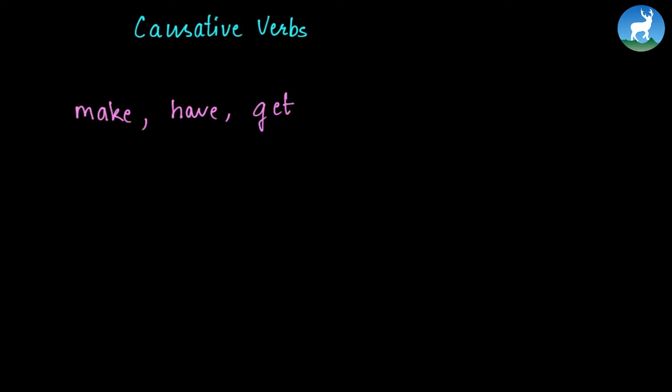So let's go through the causative verbs individually. The first verb we will be looking at today is make. Sentence structure with make has the structure subject plus make plus object plus base verb.